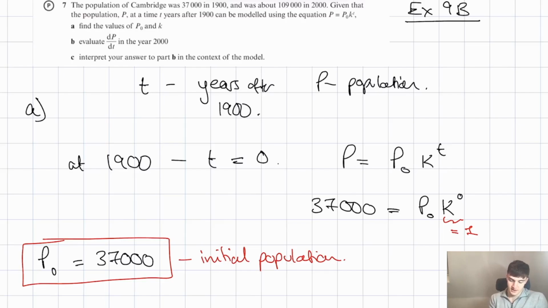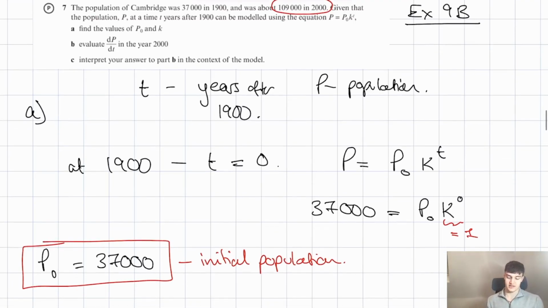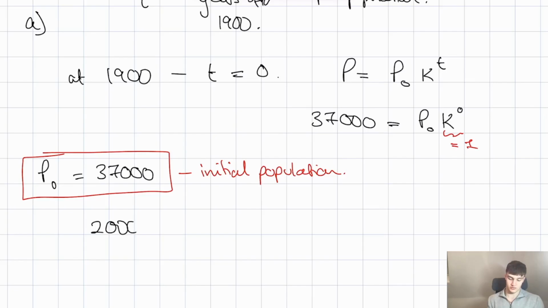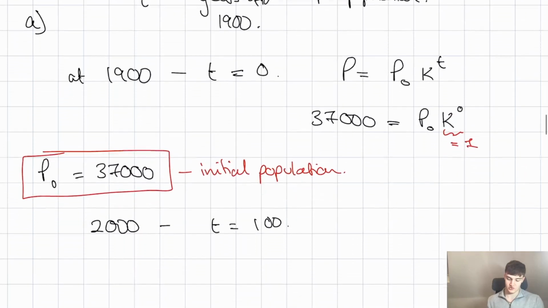Great, okay. So to find k, we need to use the other bit of information. We know that it was 109,000 in 2000. So in the year 2000, t is going to be equal to 100. So we can substitute in, P is 109,000.